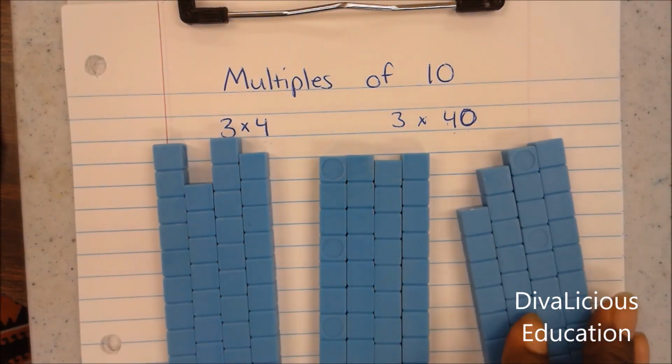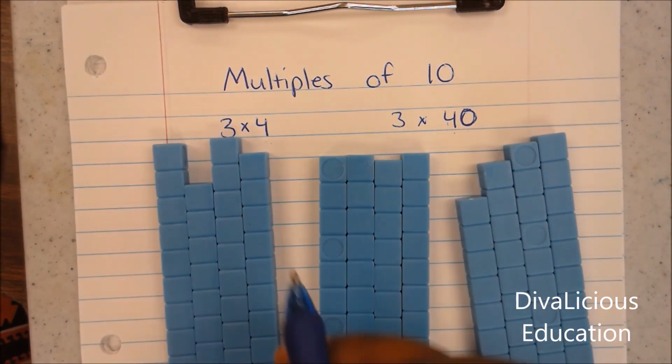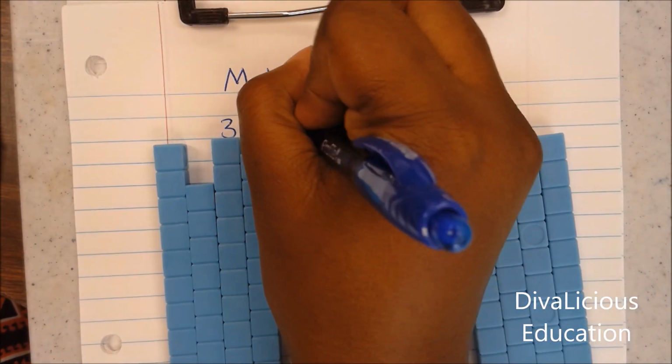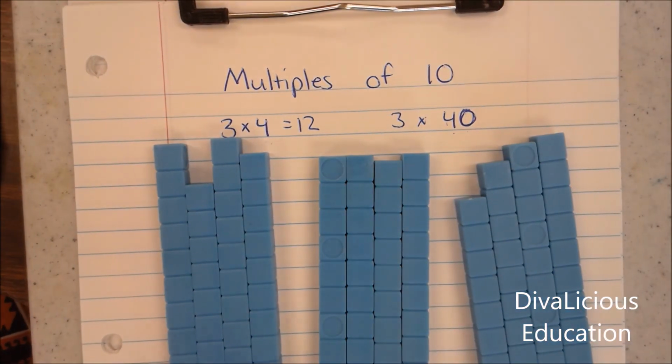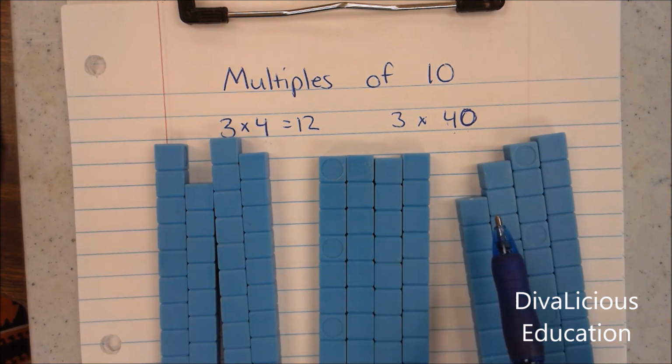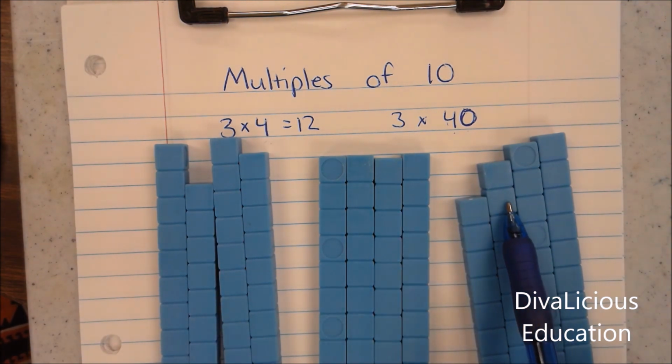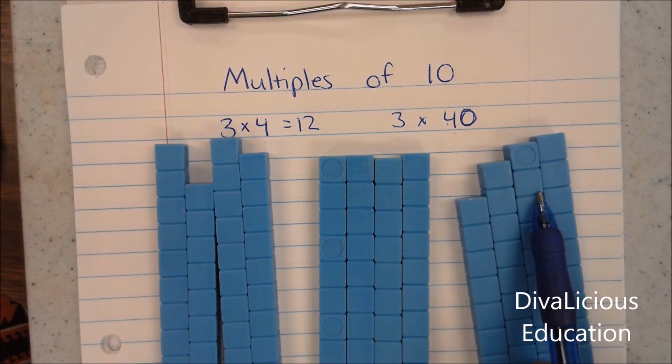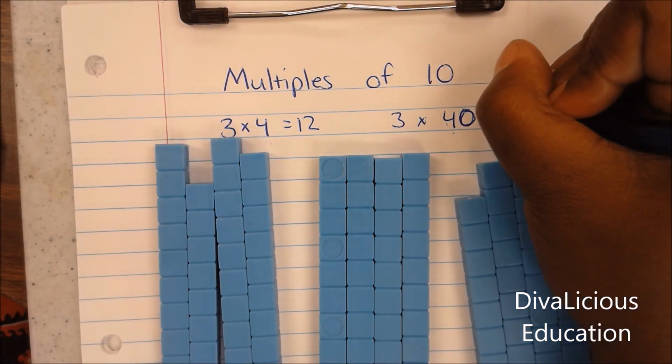Now that you have your 3 groups of 40, you can see if 3 times 4 equals 12, then 3 groups of 40 equals 10, 20, 30, 40, 50, 60, 70, 80, 90, 100, 110, 120.